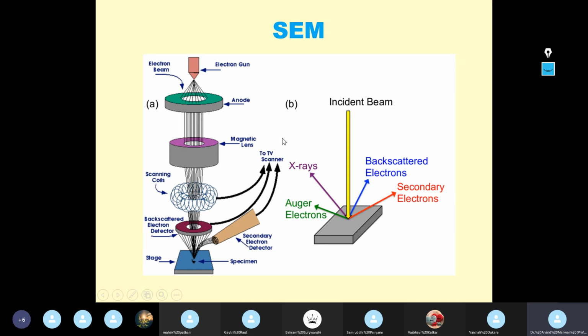But as far as image formation is concerned, the secondary electrons are more important, because of course they need to be amplified first, and after amplification they need to be sent to the cathode ray oscilloscope, where the electrical signals are converted into visual signals, and it will be projected on the fluorescent screen or your TV screen rather, which is actually a cathode ray tube, isn't it?